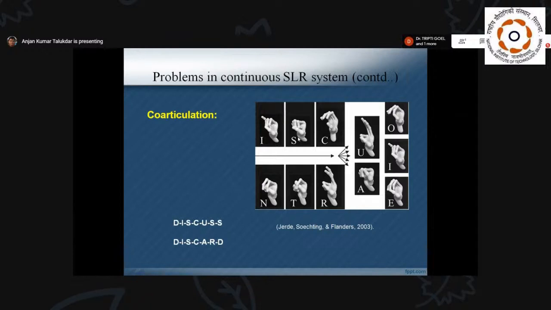So this is one major problem in continuous sign language. For example, suppose there are two words, discuss and discard.